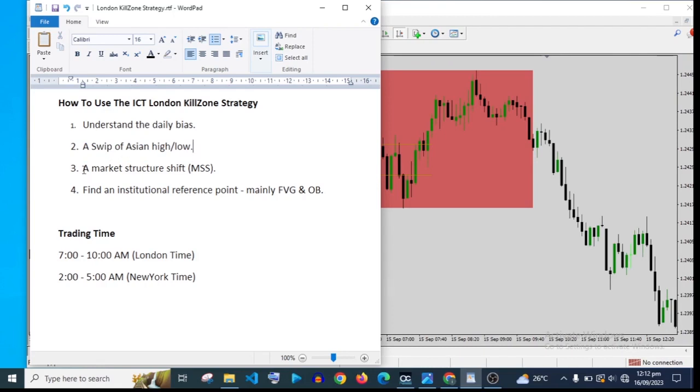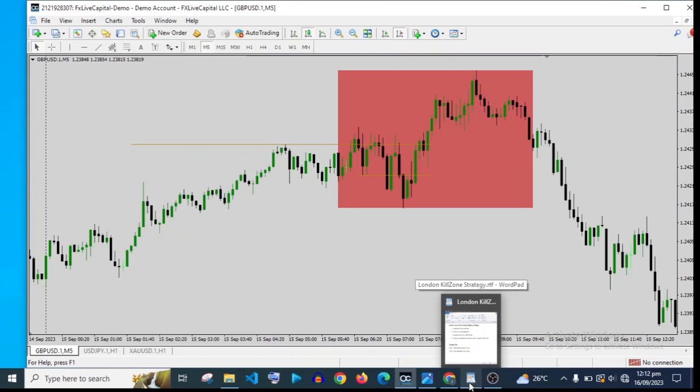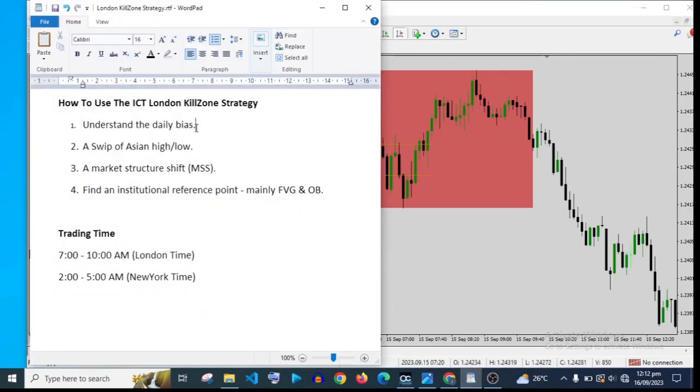And then the next thing is to go to step 3, which is to find a market structure shift. But before we do that, I want to explain something about this sweep of the Asian high or low. You can see there is a high or a low. So you might be asking, how do we know what to watch out for? Why did we watch out for the sweep of the high and not the sweep of the low right here? The way you're going to know what to watch out for is based on your first assignment.